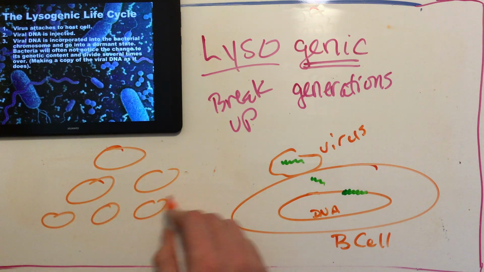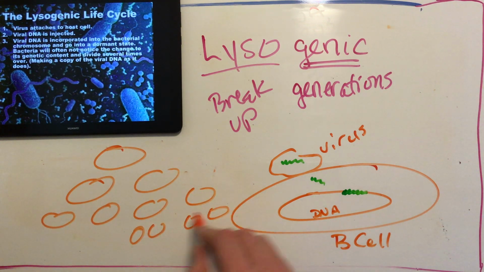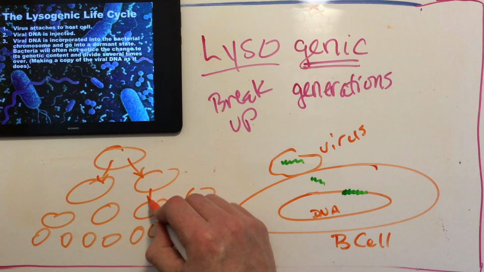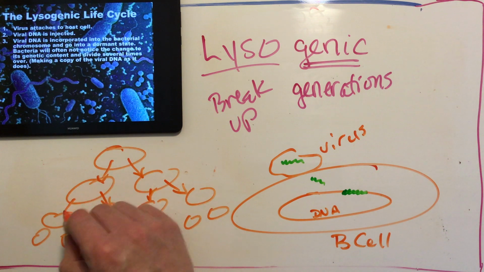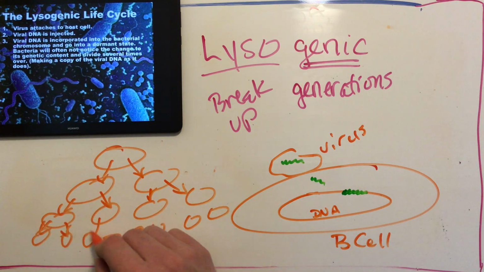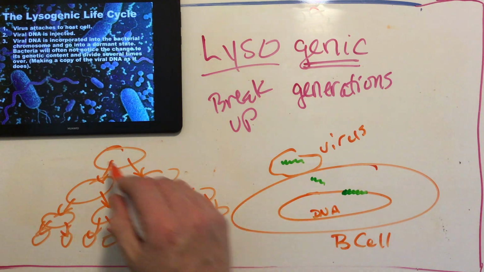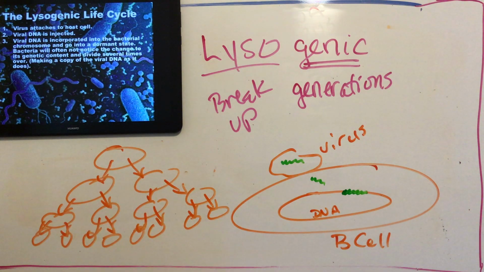These divide and we've got 4, and then these divide. And you can see the numbers would go up really quickly. So through several generations, we get a whole bunch of cells. Our one cell very quickly, through a couple of rounds of binary fission or replication, has made a whole bunch of cells here.